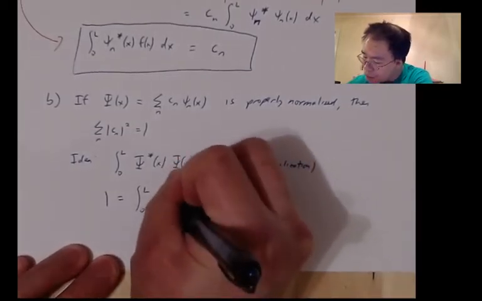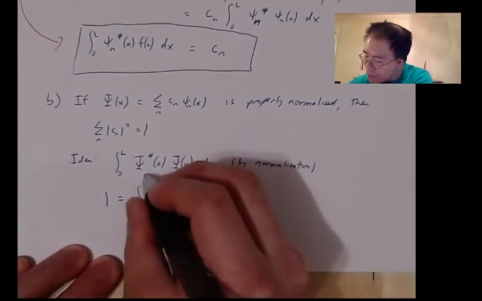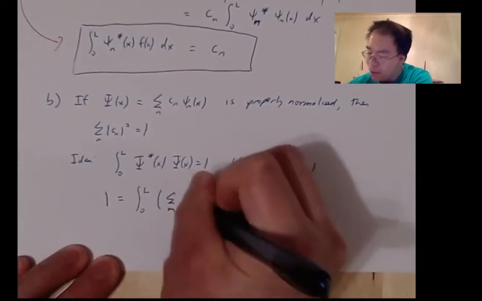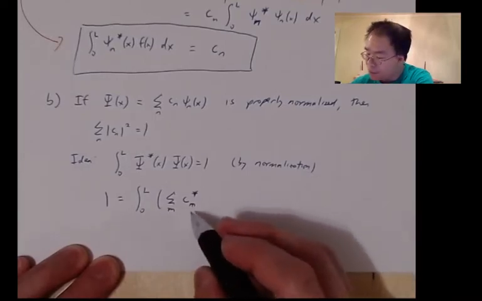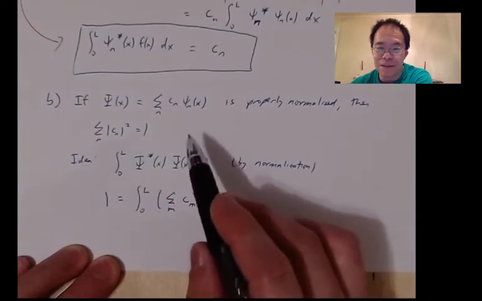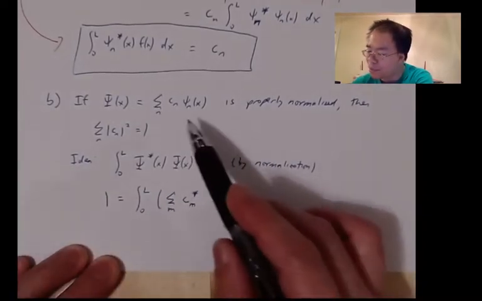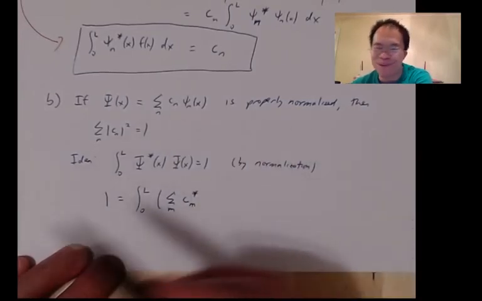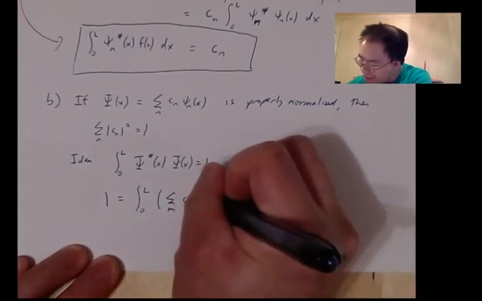So let's start with the sum on m. This is the complex conjugate, allowing for the coefficients to be complex. Again, n is really an index that doesn't actually matter here because it's being summed over, so I can call this index n or m or a, b, c, d, e, f, g, whatever I want.